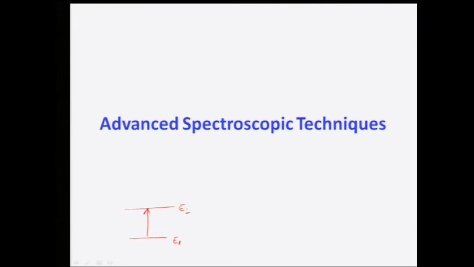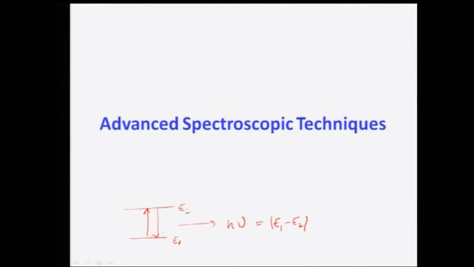And in such a case the molecule or the species will come back from the high energy state E2 to E1 by emitting certain radiation. If we know the frequency of the radiation, we can relate it like this. That means the emitted energy of the radiation, h nu, is equal to the modulus of E1 minus E2.